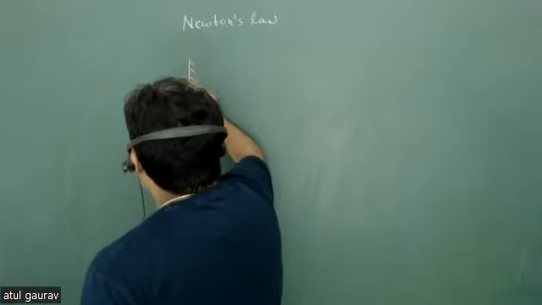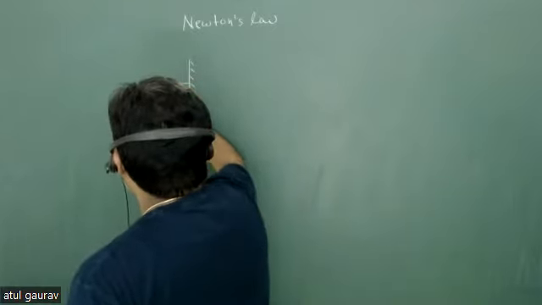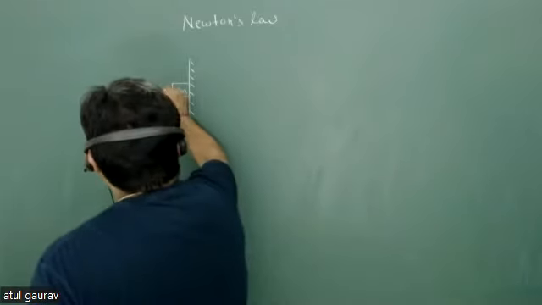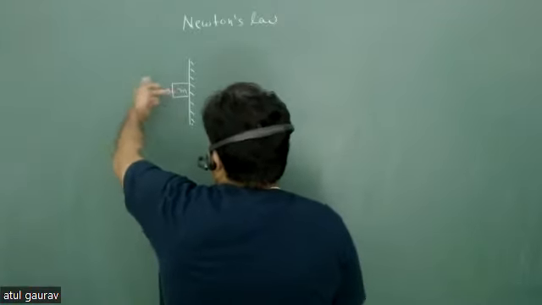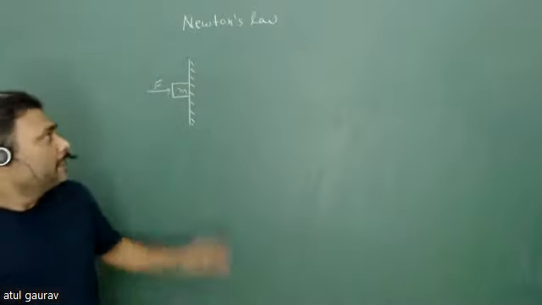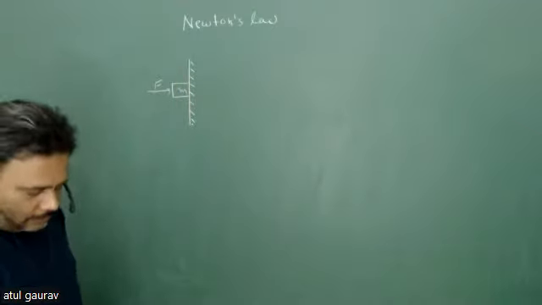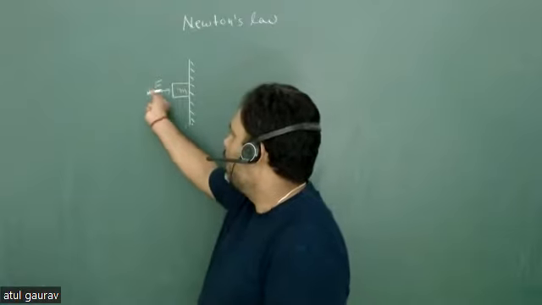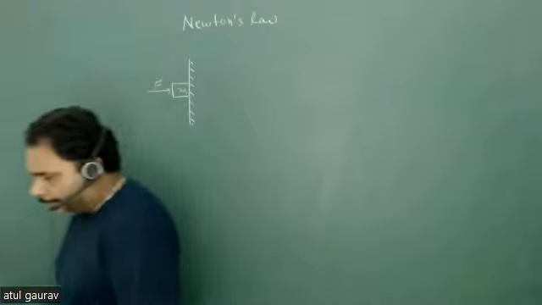You have a rigid wall, and there is some mass M attached to this wall, and we are pushing with some force F. My question is, what will be the minimum force such that this particle will not slide on this particular surface? This is very interesting. So you have to give your F such that this block is not going to slide.